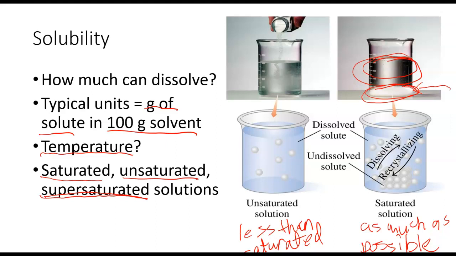For a salt solution or a sugar solution, you've heated it above normal room temperature and dissolved more solute in there than you would normally be able to dissolve. Then you slowly cool it down, and the salt or sugar or whatever is dissolved will stay in the solution until it's perturbed in some way.